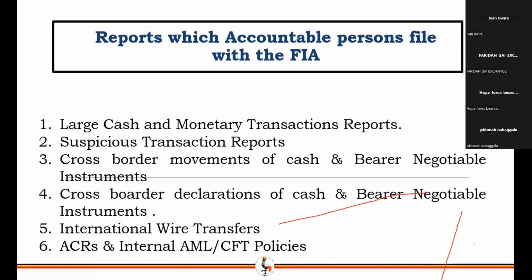The international wire transfers, you're supposed to submit to FIA, and also the annual compliance reports and the AML policies. So we expect your AML policies to be submitted to us. And remember, we shall discuss the penalties that a failure to report, or to adhere to your reporting obligations or requirements, attracts.